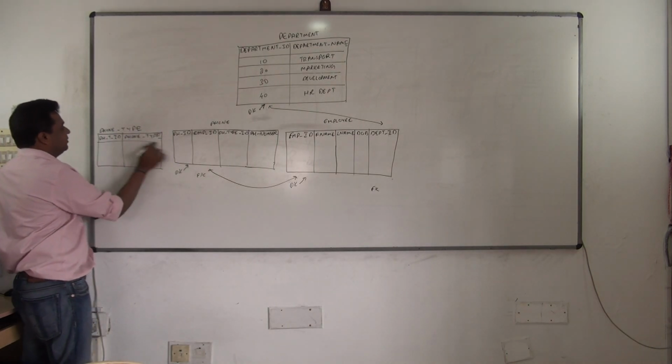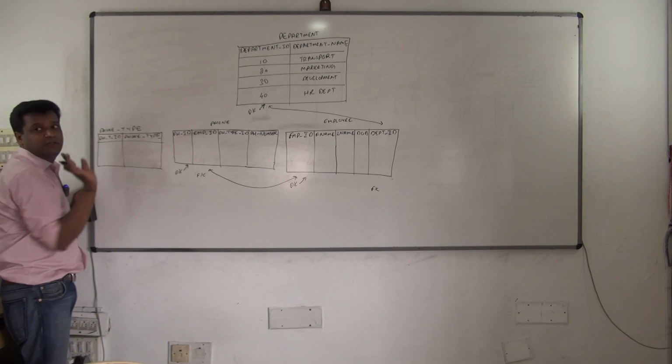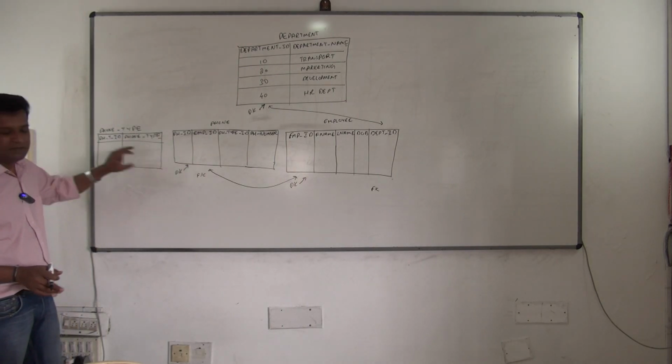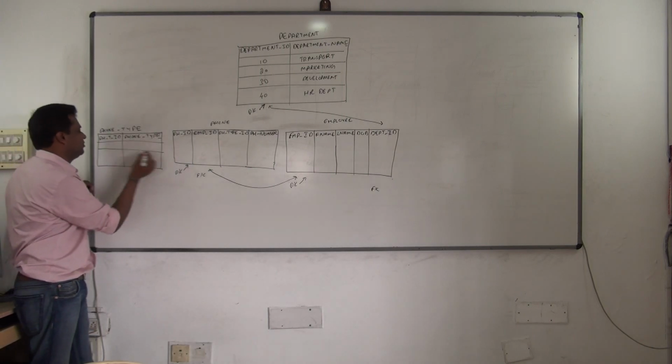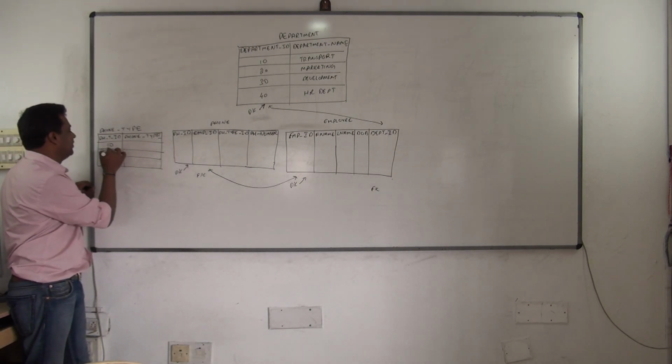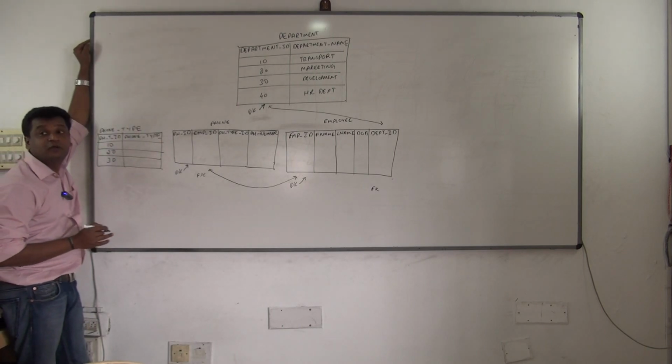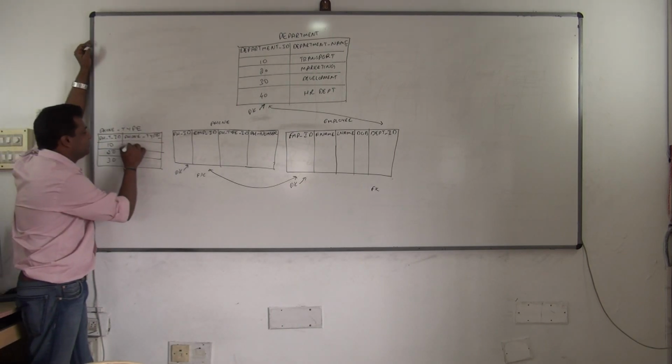Don't get confused, the table name and the column name are the same. That's possible. Look at the data here: 10, 20, 30. Right now there are three types of phone: mobile phone, home phone, and office phone.